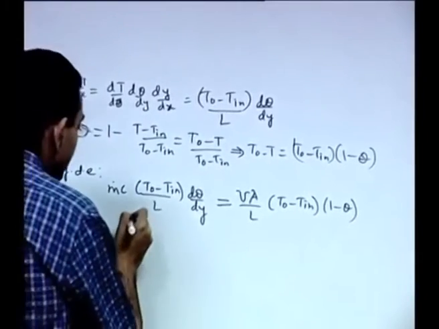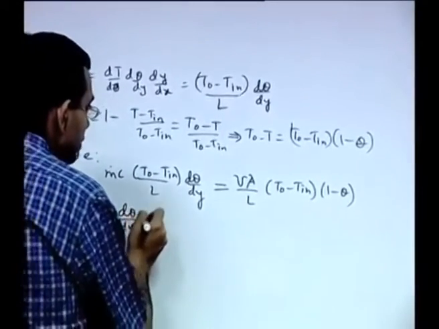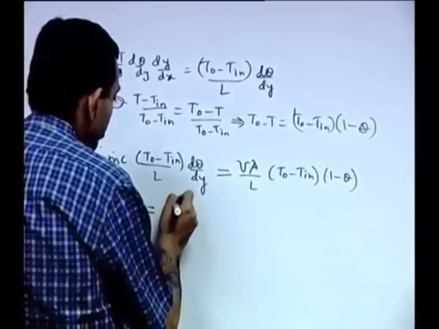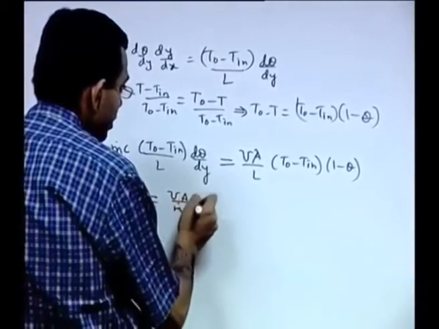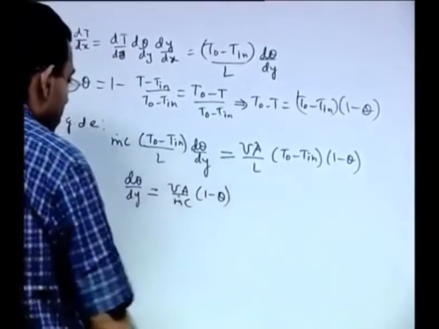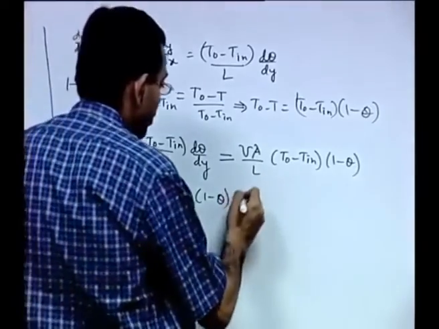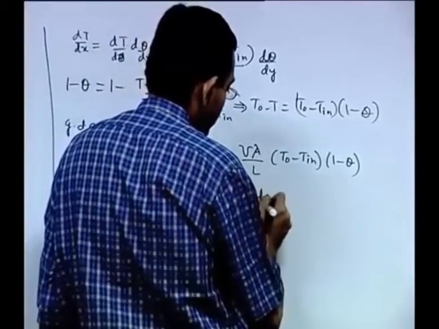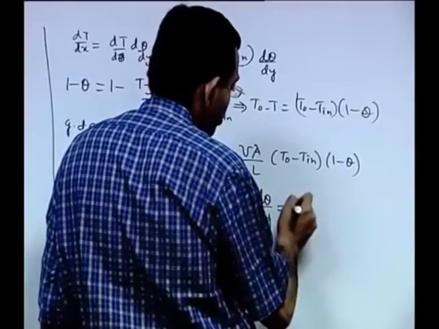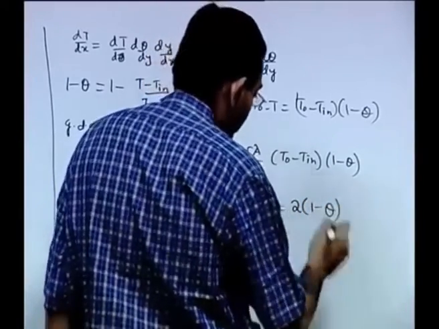So that you get d theta dy is equal to u a by m dot c into 1 minus theta. So what is given is u a by m dot c equal to 2. So d theta dy is equal to 2 into 1 minus theta.